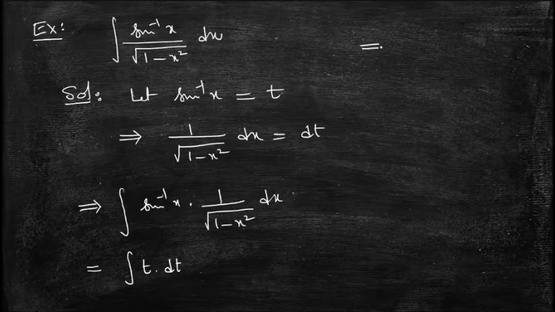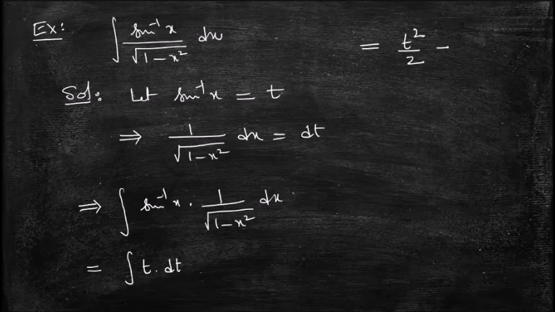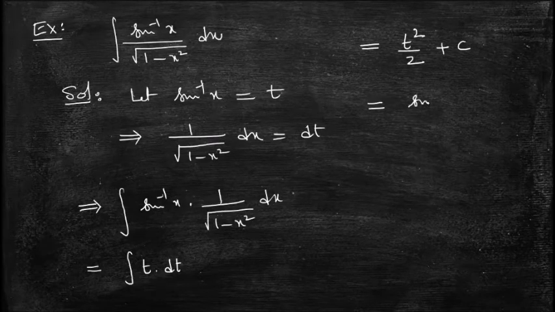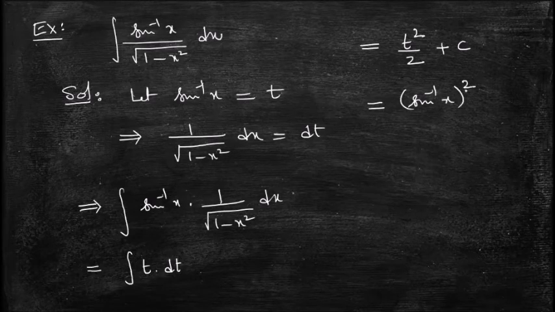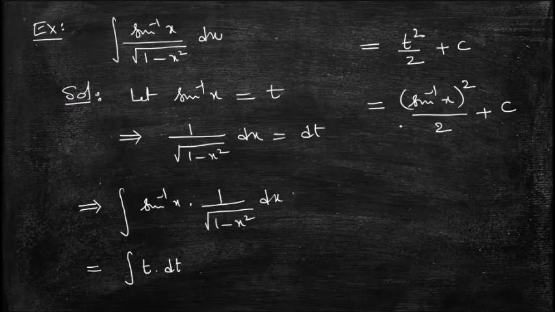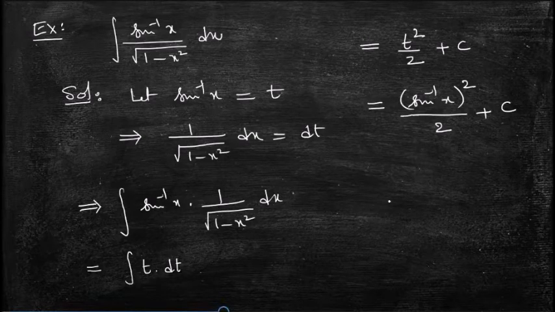Now what is integration of t? T square by 2 plus c. What is t here? We have supposed sine inverse x, so it is sine inverse x whole square by 2 plus c. Hope you have understood this problem, right?